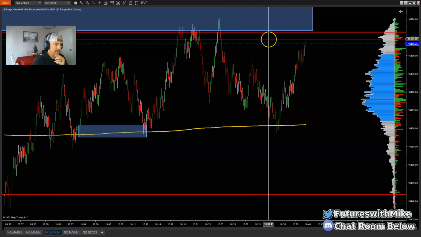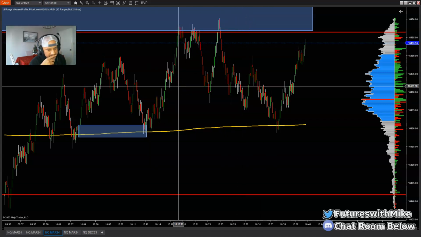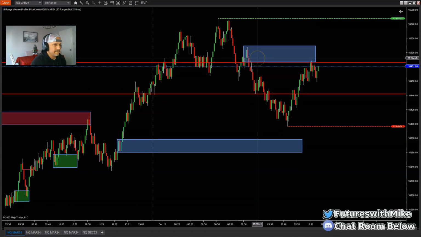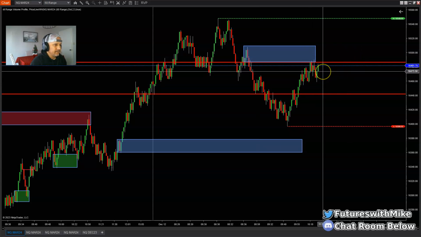Where's it at? 85. So, come on, push a little higher. It could push through this area and test that imbalance like I was talking about, right here at the 90, 92, 93 area. So we'll see what it does here.